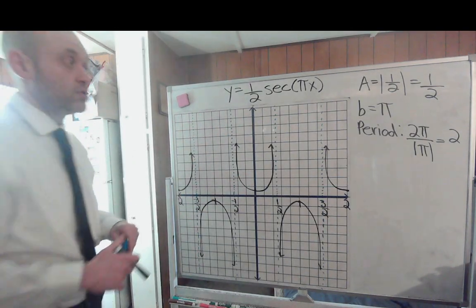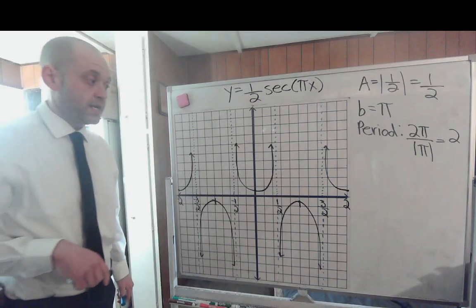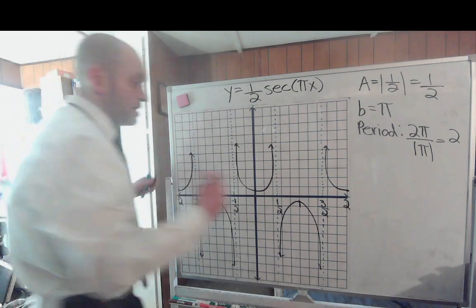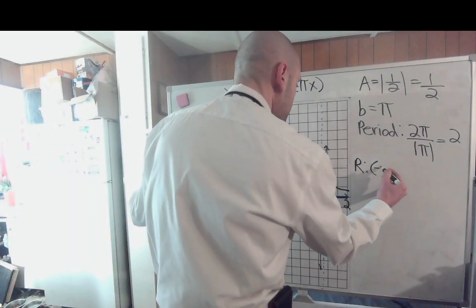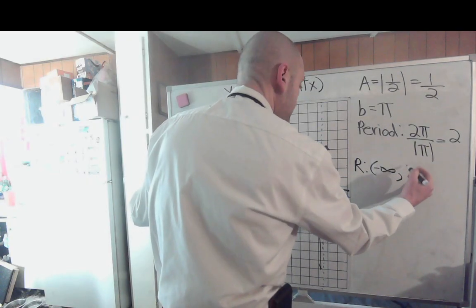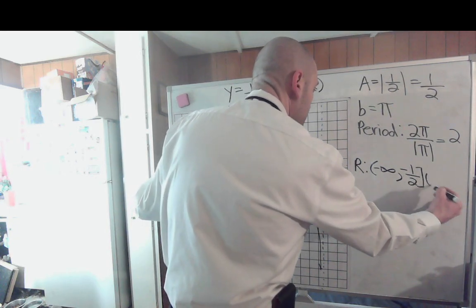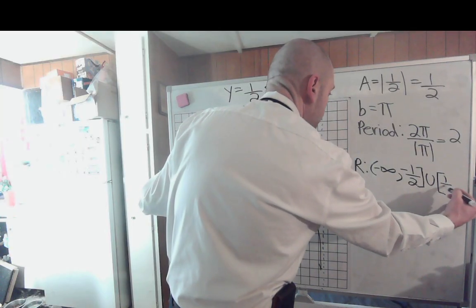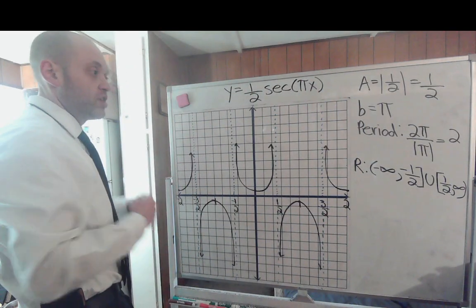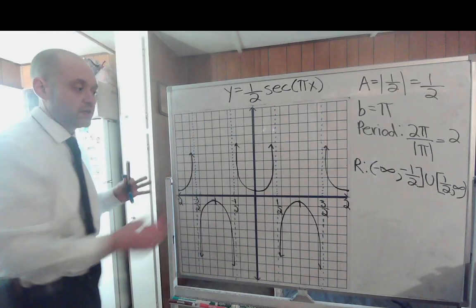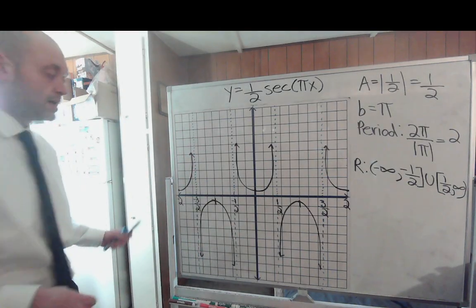So the amplitude, you take that and multiply that by your typical range, that'll be your new range. So my range now, because of the amplitude, is going to be from negative infinity to negative 1/2, in union with 1/2 to positive infinity. So that is my range for this particular graph and function. So it narrows the gap between the positives and negatives.